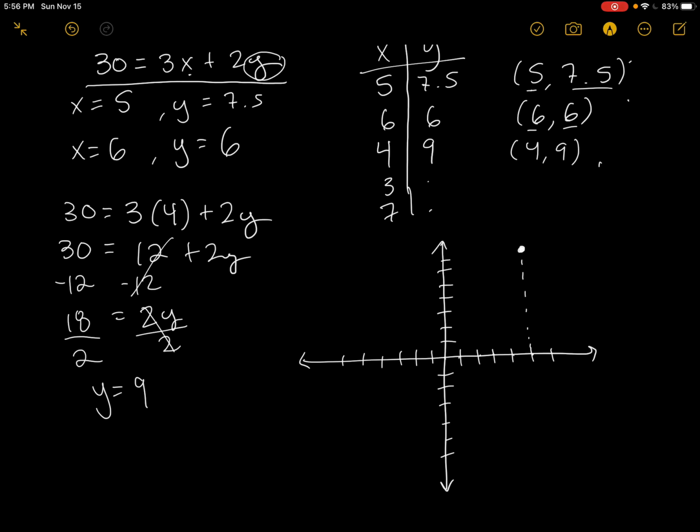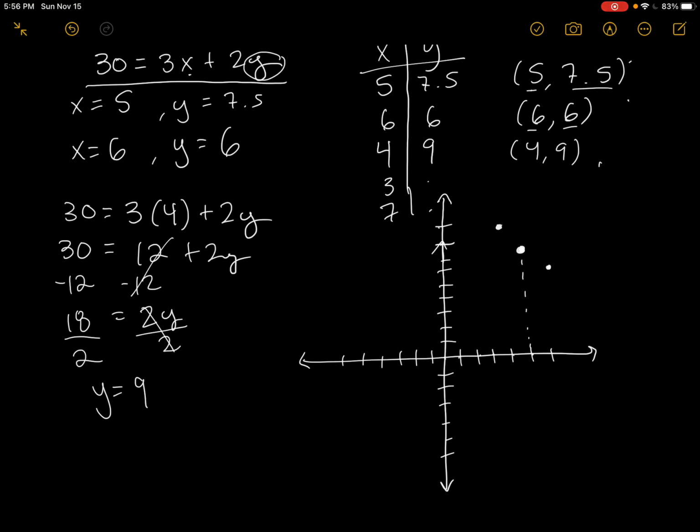So that's my first point. Okay, and then the next one is 6, 6. 1, 2, 6. So that's about right here. Okay. The next, oops, my axis doesn't go high enough. Okay, and then 4, 9.